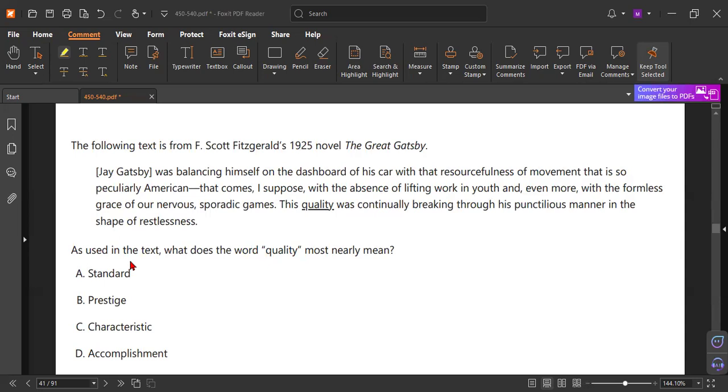Is it A? Letter A, but how? He said this equality was continually breaking through. How could it be standard? What is your evidence for standard?